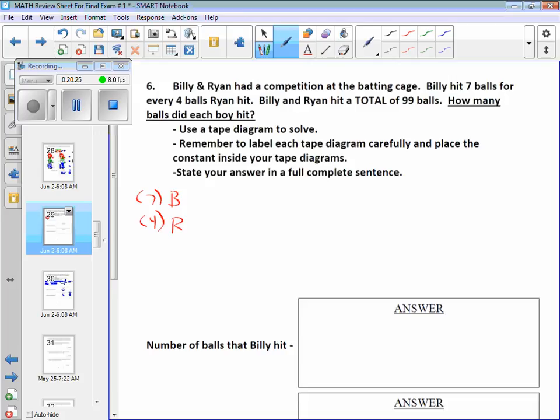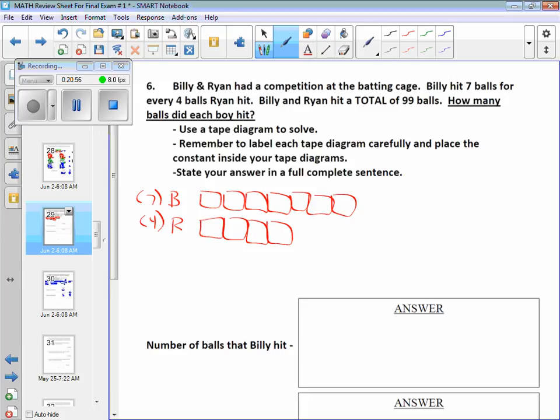How many of you did do it using a tape diagram, or at least tried to? Okay, so make 7 boxes for Billy. Hopefully this will start to look familiar to you. There were 2 types of questions back in Mod 1 where you had tape diagrams like this.